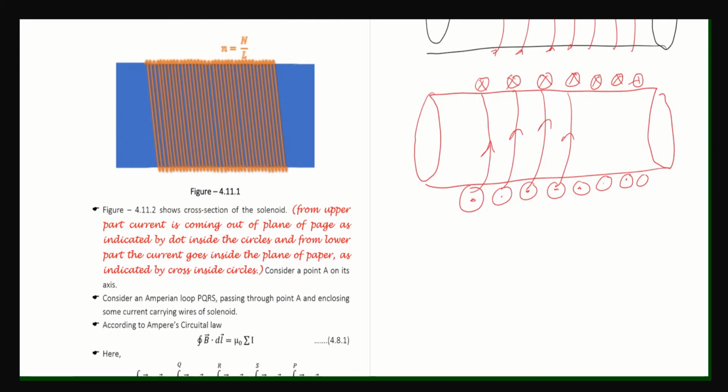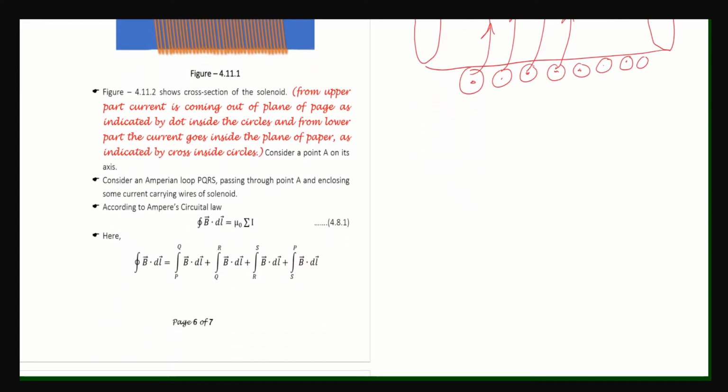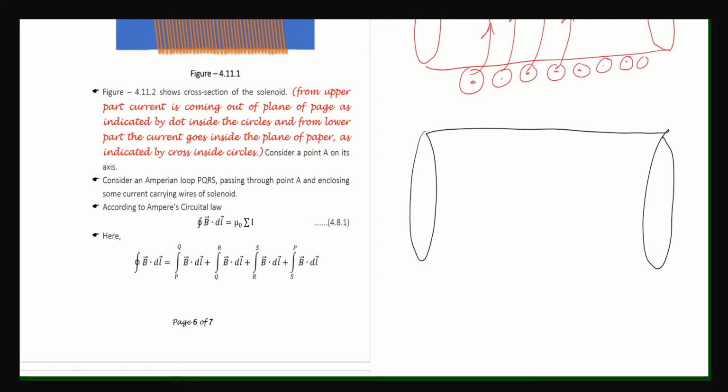So now let us have a fresh consideration of a solenoid, and say there are N turns. I will consider the number of turns per unit length to be small n, that is capital N by L. Now I assume that dots are here and crosses are at the bottom part.